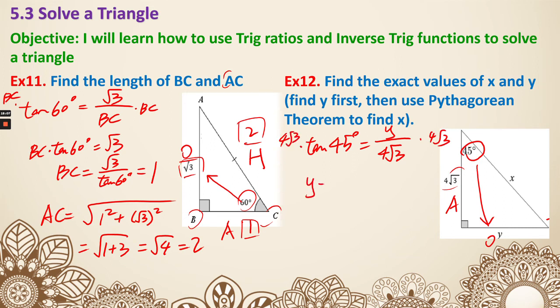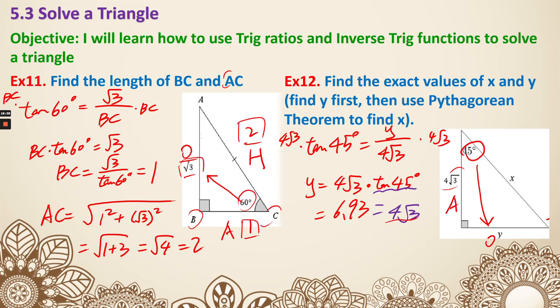You're going to get y equals 4 square root of 3 times tangent 45 degrees. And you type in your calculator, that will give you 6.93 after rounding, which actually is 4 square root of 3. Because if you actually type in just tangent 45 degrees, you will see that is actually a 1. And 45 degrees is another special triangle we are going to learn in the next lesson. But for now, you can just keep that in mind.